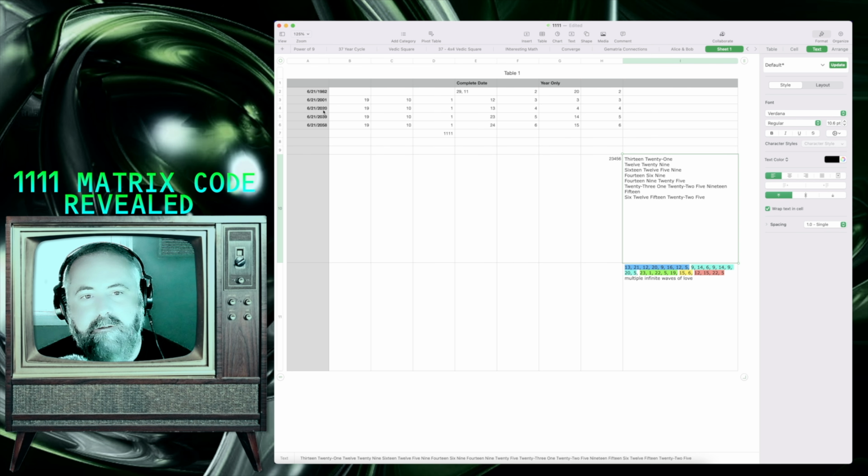From 2020 to 2039 will be the third one. And from 2039 to 2058 will be the fourth one. This is going to trip your minds. Let's reduce these numbers. So 9 and 1 becomes 10 on all of these. Reducing 10, you get 1. We have 4 cycles, 4 ones. We're back to 1111.